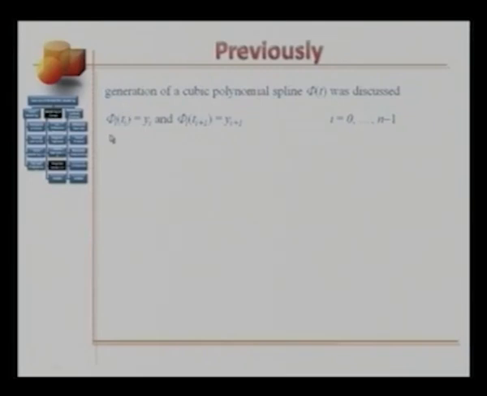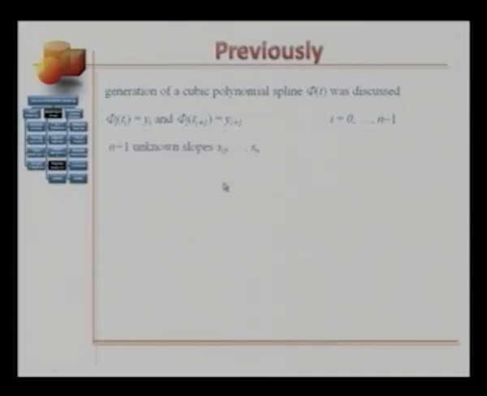Anyhow, so these are individual segments of that piecewise continuous curve. What is known to us is phi I at ti equals yi, and phi I at ti plus 1 equals yi plus 1. Once again, I is going from 0 to n minus 1.